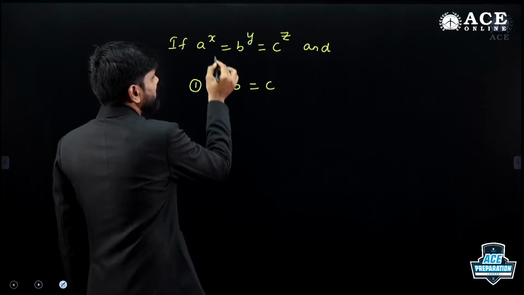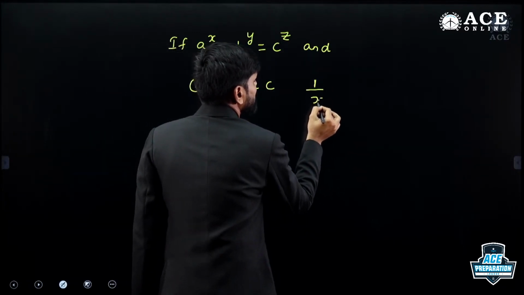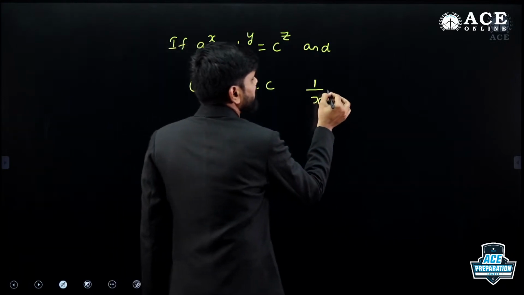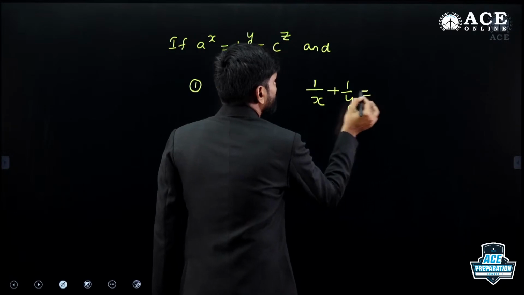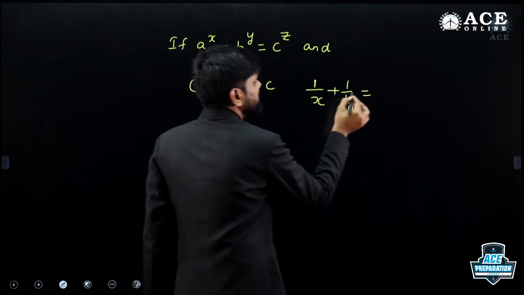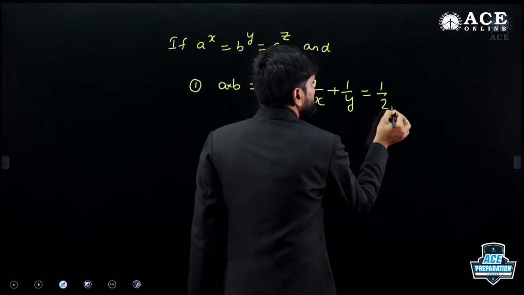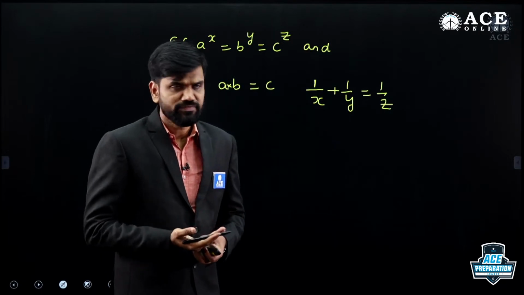What is the power of A here? X. You take it as 1 by x. If you have multiplication, you take plus here. 1 by x plus 1 by y is equal to whatever is on the other side. What is the power of C here? Z. So you write it as 1 by z. So I can say 1 by x plus 1 by y equal to 1 by z.